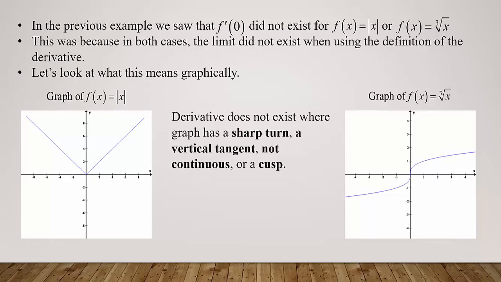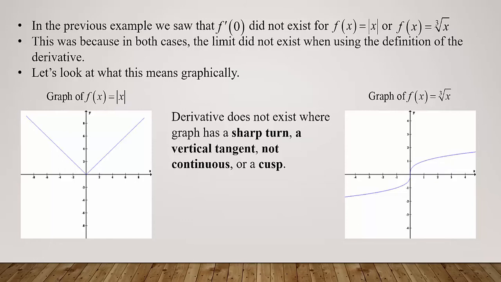The derivative does not exist where a graph has a sharp turn or a corner, such as we see on absolute value of x, or where we have a vertical tangent line, such as we see on the cube root of x. And the derivative is not going to exist wherever a graph is not continuous.